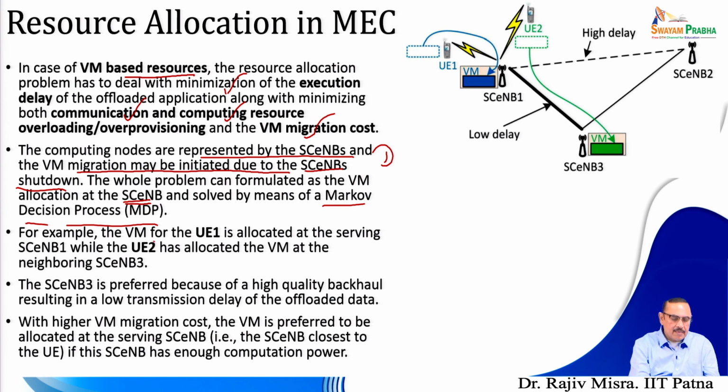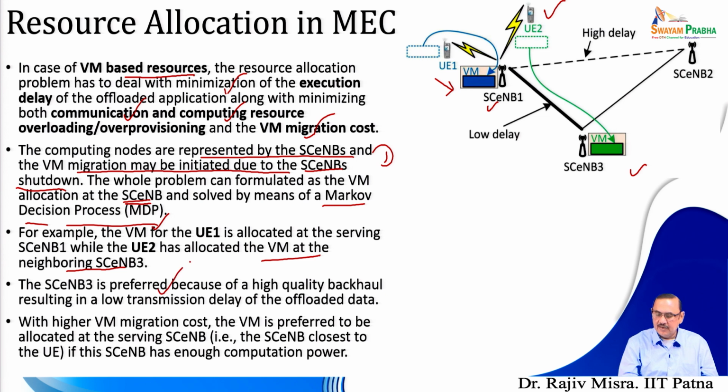For example, the virtual machine for UE1 is allocated at the serving SCENB1 that we have seen, while user equipment 2 has allocated the virtual machine at the neighboring SCENB3. These two things are shown.